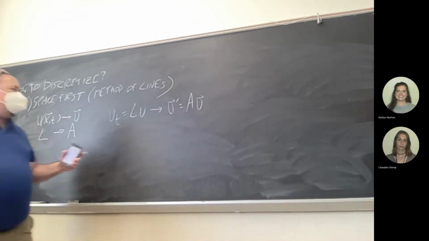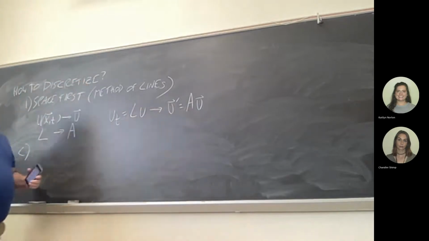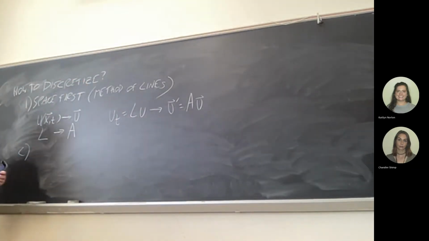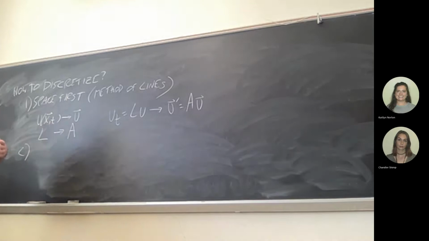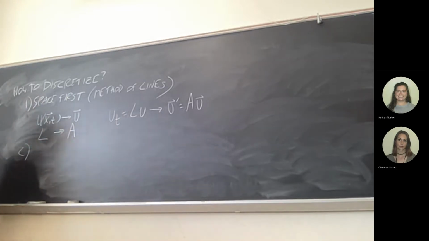Because each one of these systems of ODEs comes from describing the PDE at a particular point in your domain, some X in your domain omega, and then you're replacing any spatial derivatives by some approximation, like a finite difference formula, or using a spectral method, something like that.